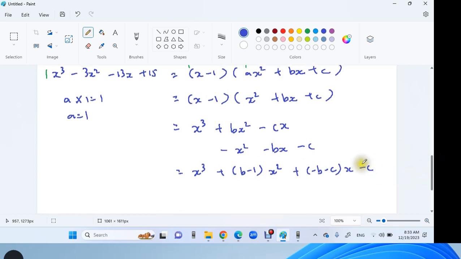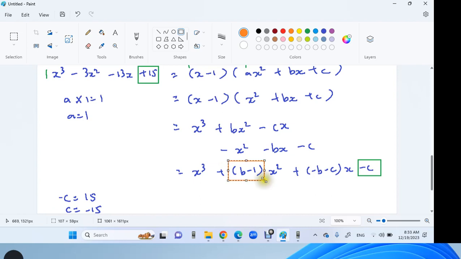So we know that negative c equal to 15, if we want to compare the coefficient of c here. Then c is equal to negative 15. And then we have the b minus 1.